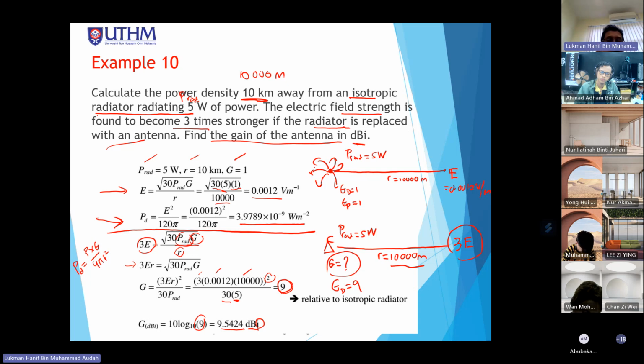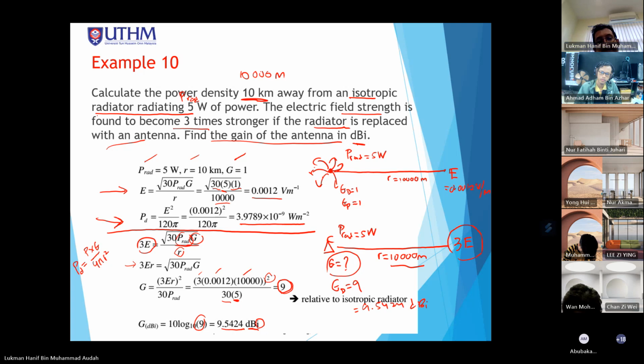So I need at least GD equal to 9 in order to achieve an electric field 3 times larger than the electric field produced by the isotropic antenna. This is also equal to 9.5424 dB with respect to the isotropic antenna.